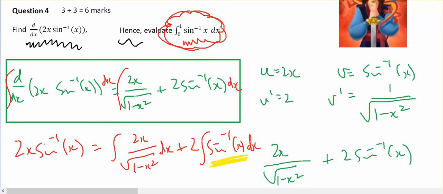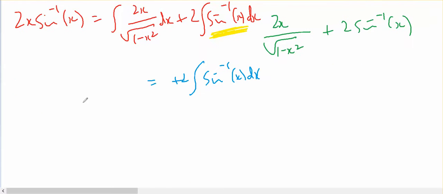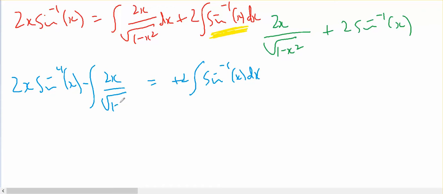So if I put this by itself, I will have 2 times the integral of inverse sine of x dx, and that's going to equal 2x inverse sine of x minus the integral of 2x on top of the square root of 1 minus x squared dx.